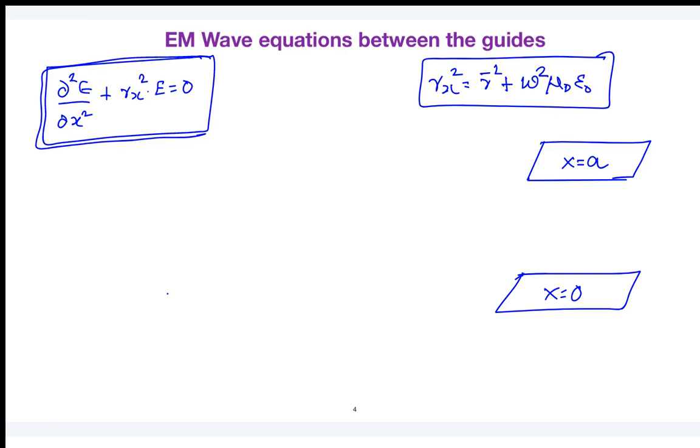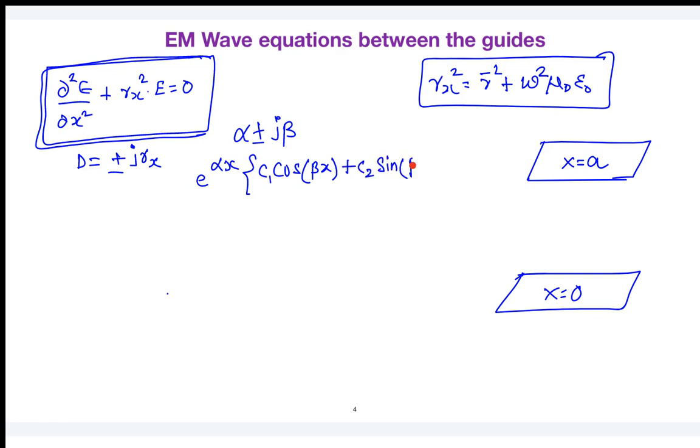First, what are the roots for this? The roots will be plus or minus jγx. Agree? When you have roots of the form alpha plus or minus j beta, the equation will be of the form e^(αx) (C1 cos βx plus C2 sin βx).